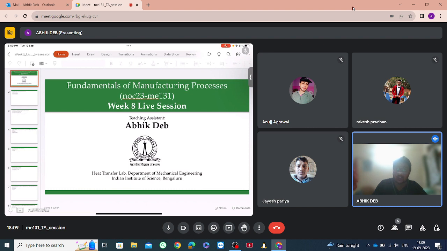In this session we will discuss the basic theory related to the tool used for the machining process, the chip formed, and the basic phenomenon involved in machining, the material removal process, what are the factors that affect the tool life, and what are the different kinds of wear of the tool.